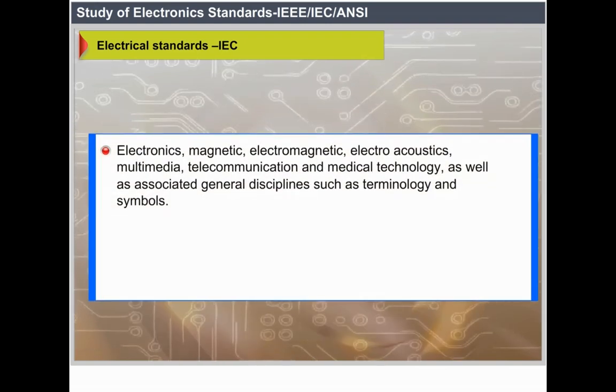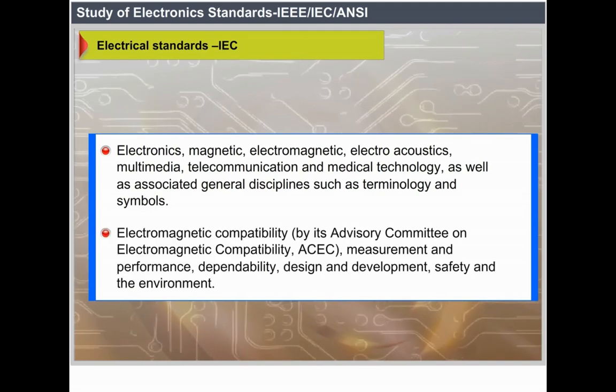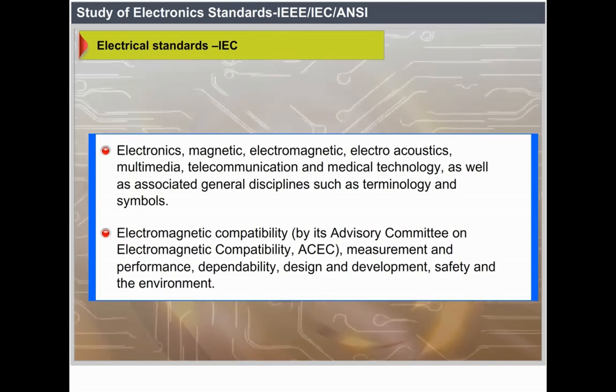The IEC Charter embraces all electrotechnologies, including energy production and distribution, electronics, magnetic and electromagnetic, electroacoustics, multimedia, telecommunication and medical technology, as well as associated general disciplines such as terminology and symbols, electromagnetic compatibility by its Advisory Committee on Electromagnetic Compatibility (ACEC), measurement and performance, dependability, design and development, safety and environment.